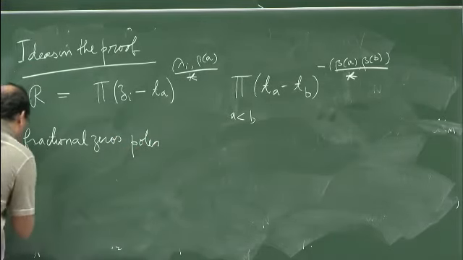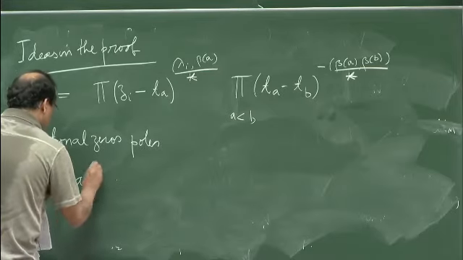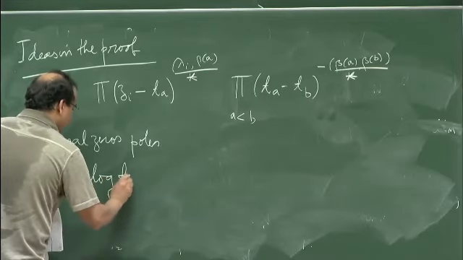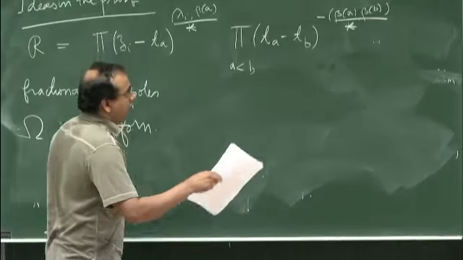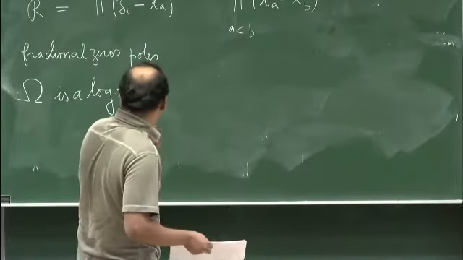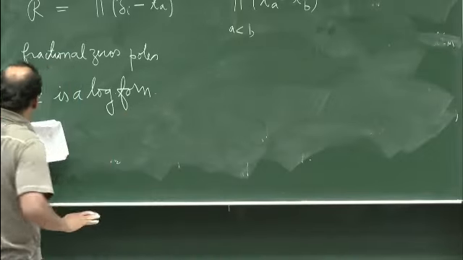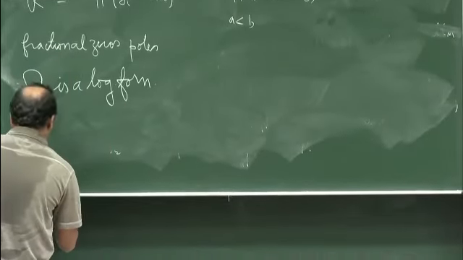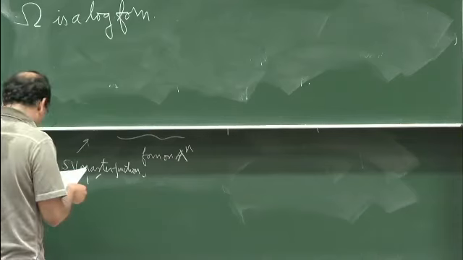And one thing one knows is that omega is a log form. You can actually write out an expansion for omega. In fact, the form given by Schechtman and Varchenko for this is obviously a log form. But still one needs to have omega vanish on various strata.